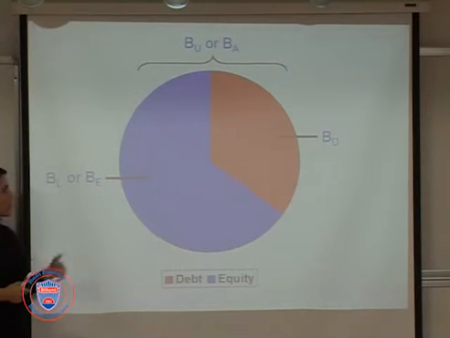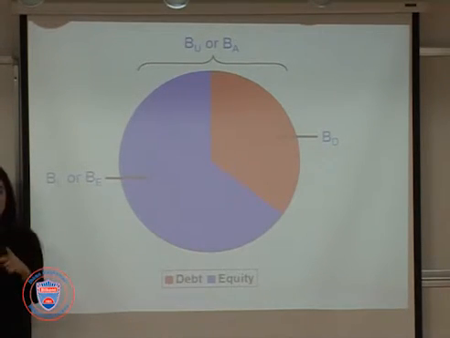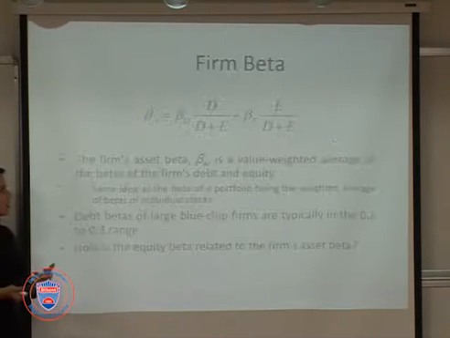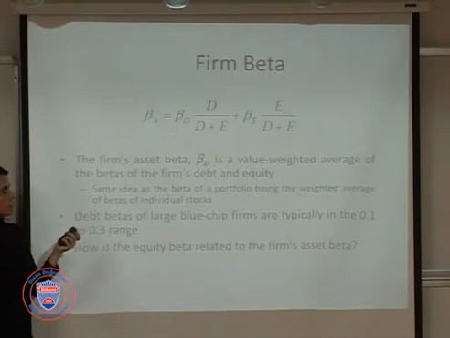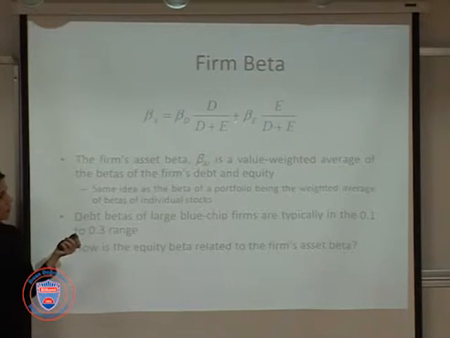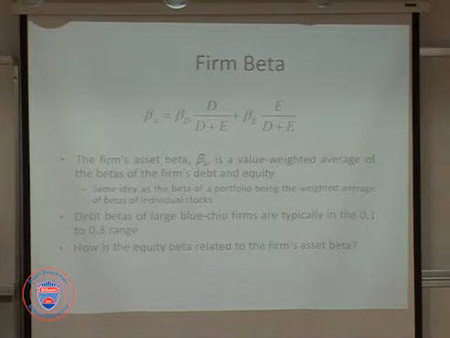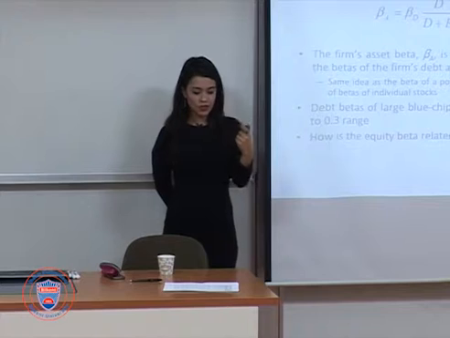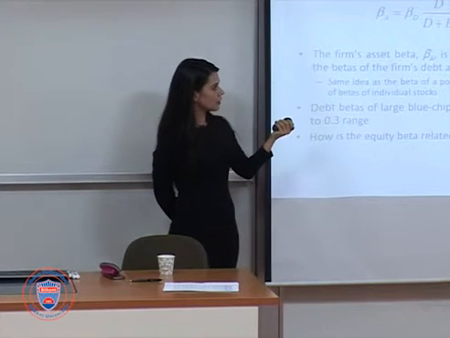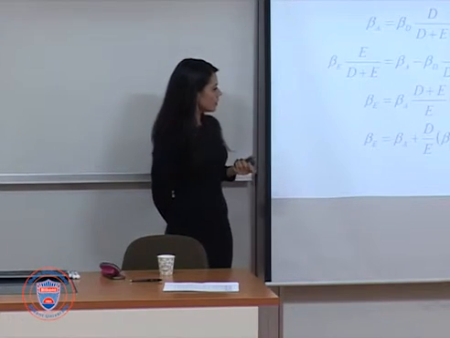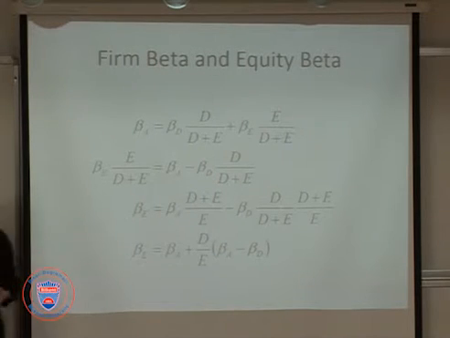The way you write asset beta is similar to weighted average cost of capital. It's basically the weight of debt times beta of debt plus weight of equity times beta of equity. So together, they show you the asset beta. Since we're interested in cost of equity, I'm going to focus on equity beta. The idea is the same.